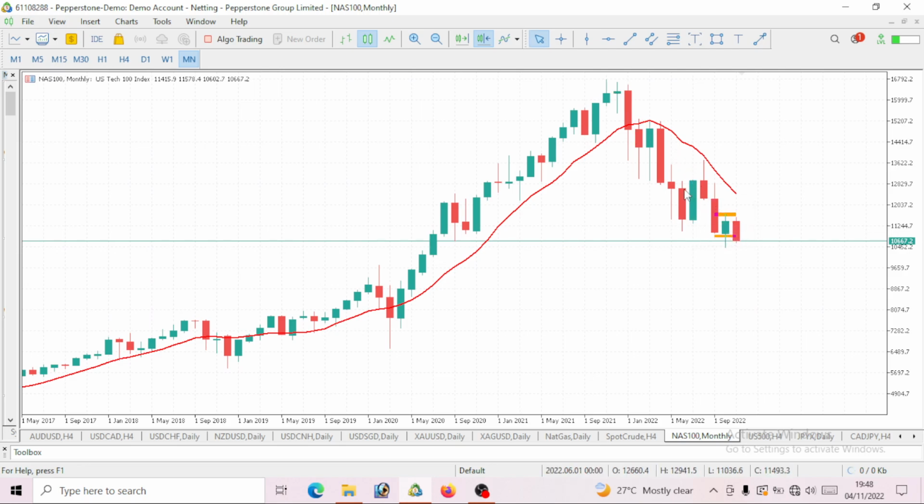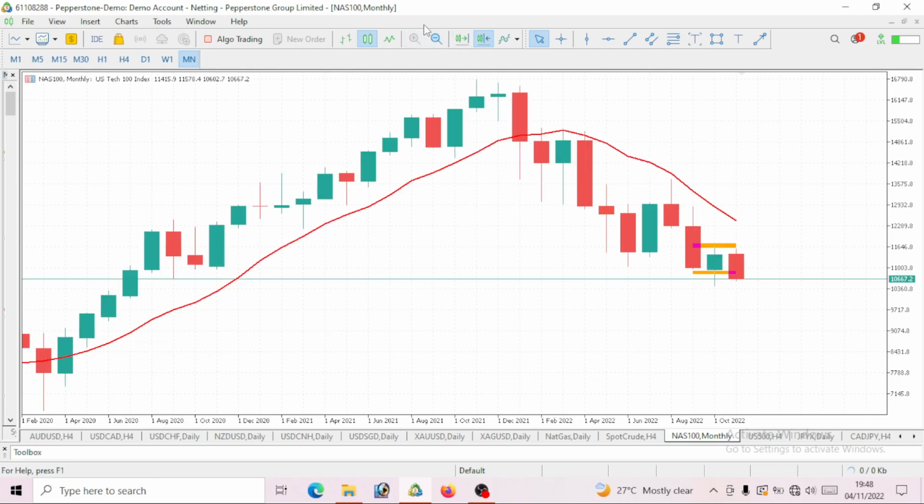Our Nasdaq 100 is going bearish, and one of the reasons is an increase in interest rates, which makes it difficult to borrow money to run a company. In turn, these stocks tend to fall, right? And once the stocks that make up the Nasdaq 100 are falling, then definitely we would see a fall on our Nasdaq 100. So that is one of the reasons why we have a bearish move.